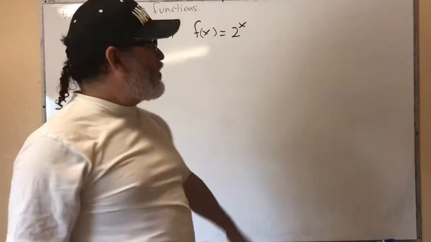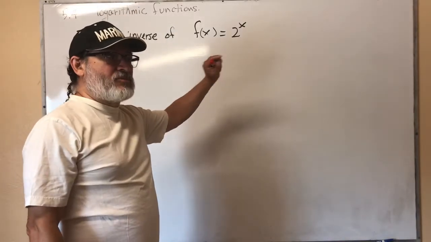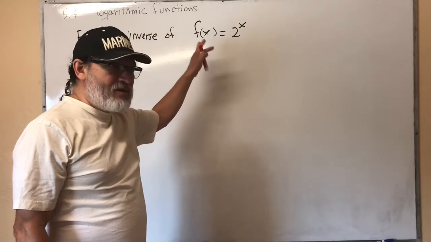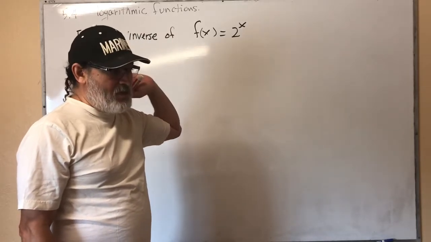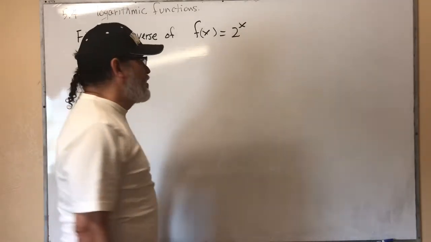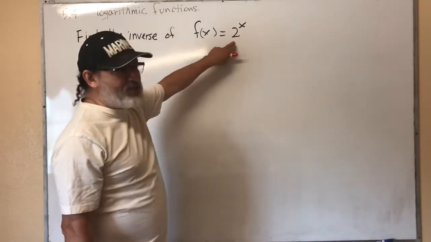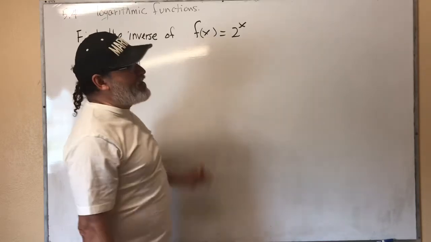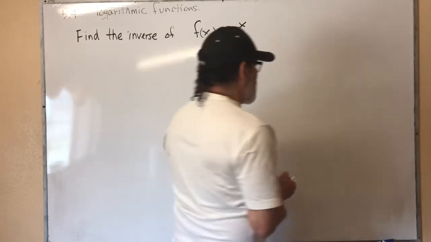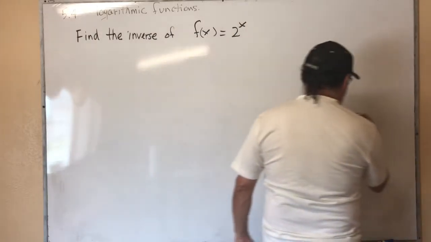Okay, we can graph this. We graphed it last time. If you remember, we graph this function. I'm gonna graph it for you guys again. Because the base is greater than 1, this function is increasing. So here we go.